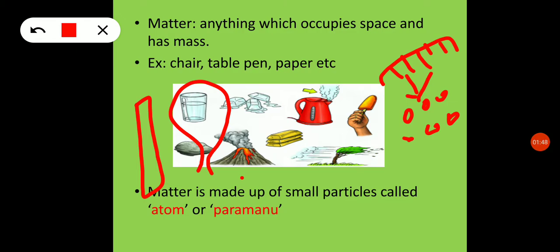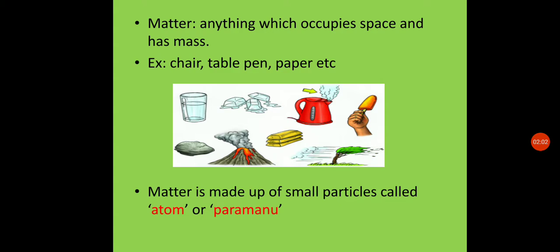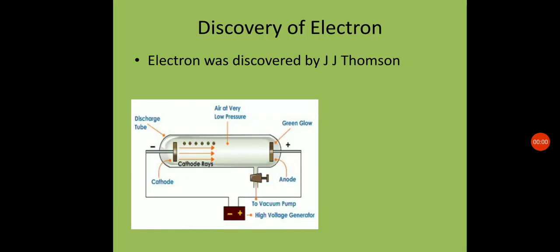So only when you rub the glass rod, the balloon gets electrically charged, and the comb attracts the pieces of paper. Many scientists tried to reveal the presence of charged particles in the atom. One by one we will study how these charged particles were discovered.